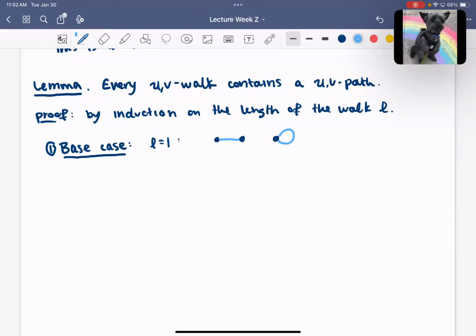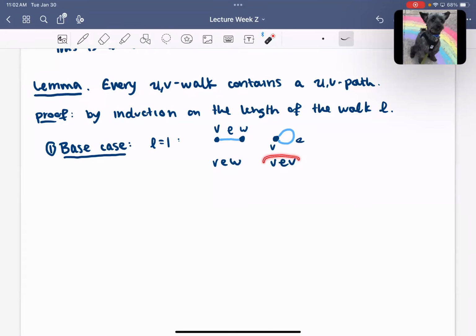Okay, so in the first case, this walk already contains a path, right? Because it is a path. Let me just be super explicit here. Let's call this V, W, and E. This one will be V and E. So what is the walk here? It's V, E, W, and here it's V, E, V. This walk already contains a path, right? Because V, E, W is a path.